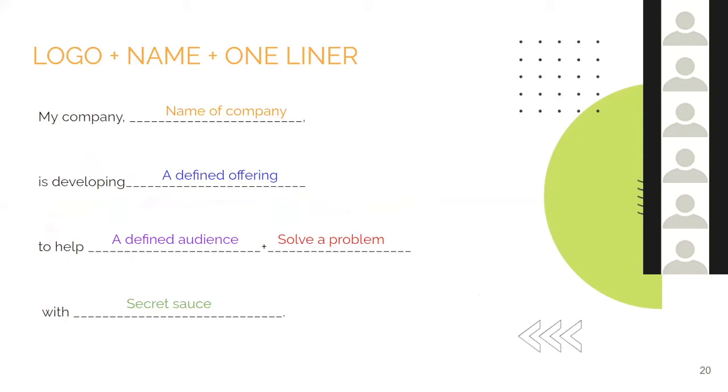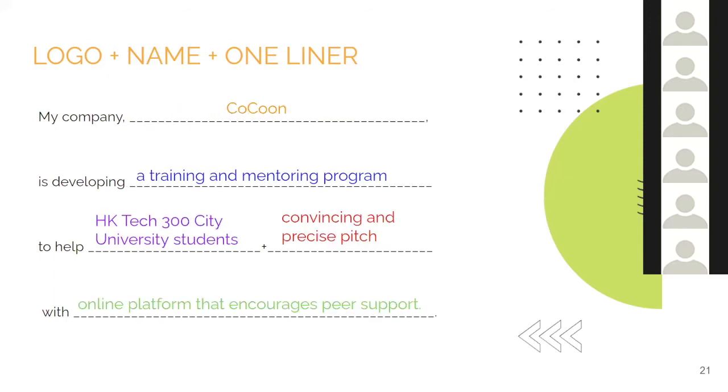This is what it is on slide 21. My company, Cocoon, is developing a training and mentoring program to help Hong Kong Tech 300 City University students to build a convincing and precise pitch with an online platform that encourages peer-to-peer support.